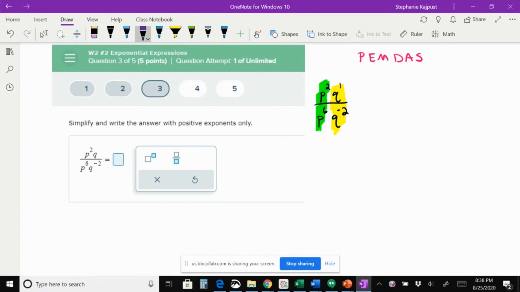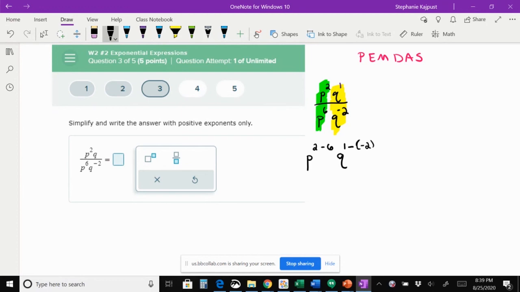Now our rule is that you go top minus bottom for your exponents. I usually do this in my head, but I'm going to write it out so you have that for your notes. For P, it's 2 minus 6 as the exponent. For Q, it's 1 minus negative 2.